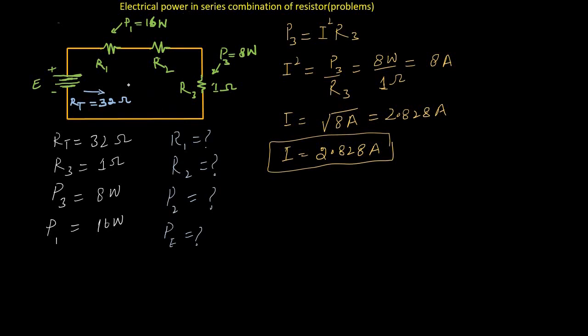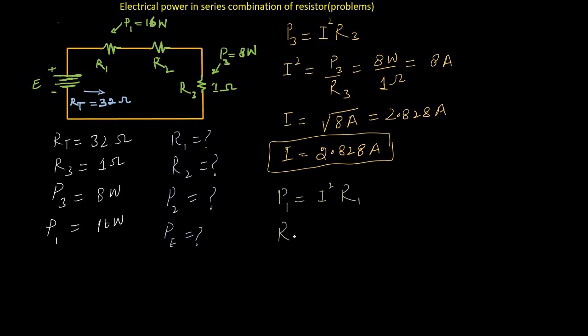Now we find the resistance value of R1 from the power equation. P1 is equal to I squared times R1. I is already given to us, which is 2.828 amperes, and P1 is also given, which is 16 watts.